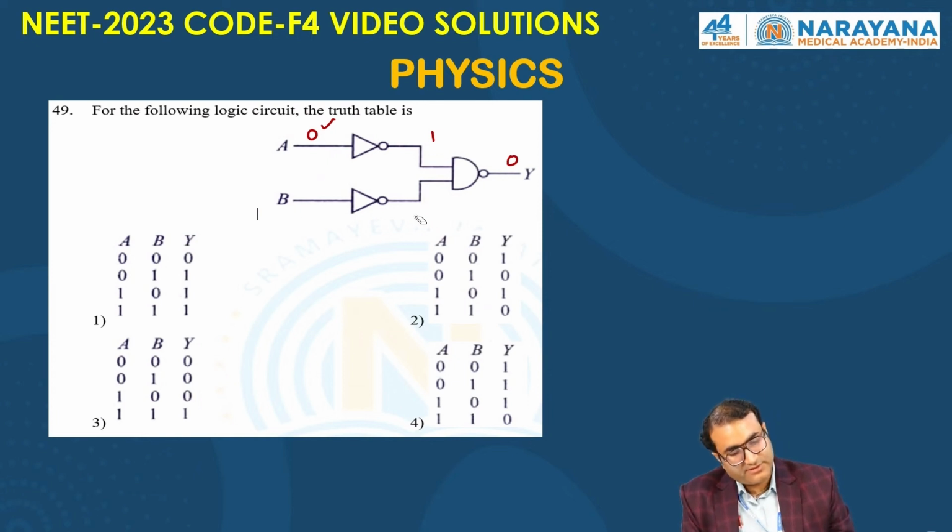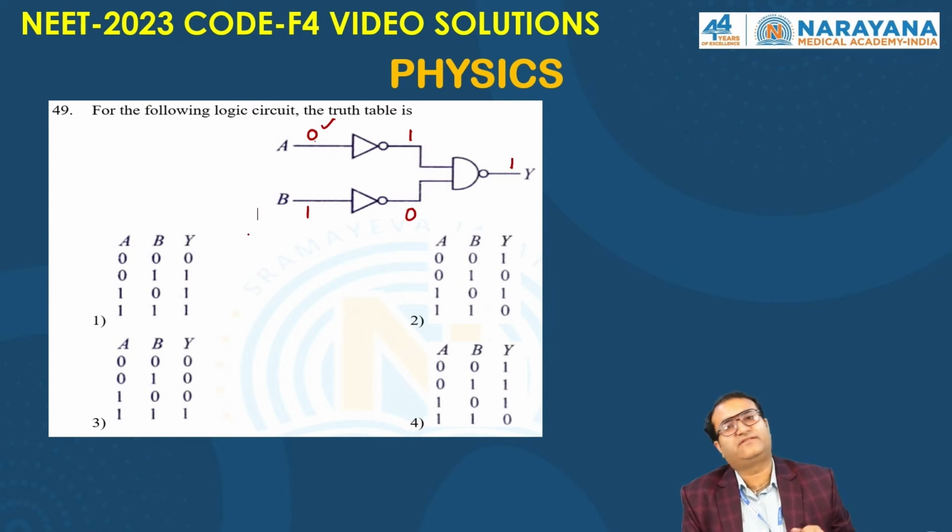Now, if you take 0 and 1, for 0, NOT gate output is 1. For 1, NOT gate output is 0. For 1 and 0, NAND gate, its output is 0. I said wrong, it is 1, because 1 into 0 is 0, so NAND will be 1.